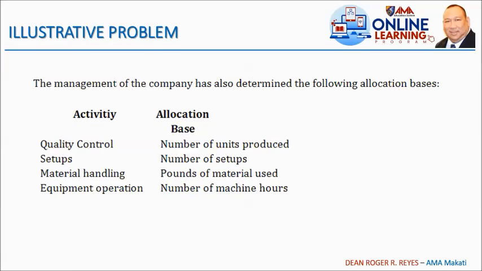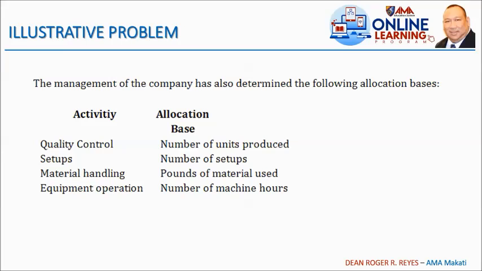The management of the company has also determined the following allocation basis. So sinabi natin na yung activity, quality control, setups, material handling, and equipment. Now, how to base our allocation? Siyempre, kapag quality, the number of units produced. So, ilan ba yung number of units na produce? Sa setups, ilan ba ang number of setups?